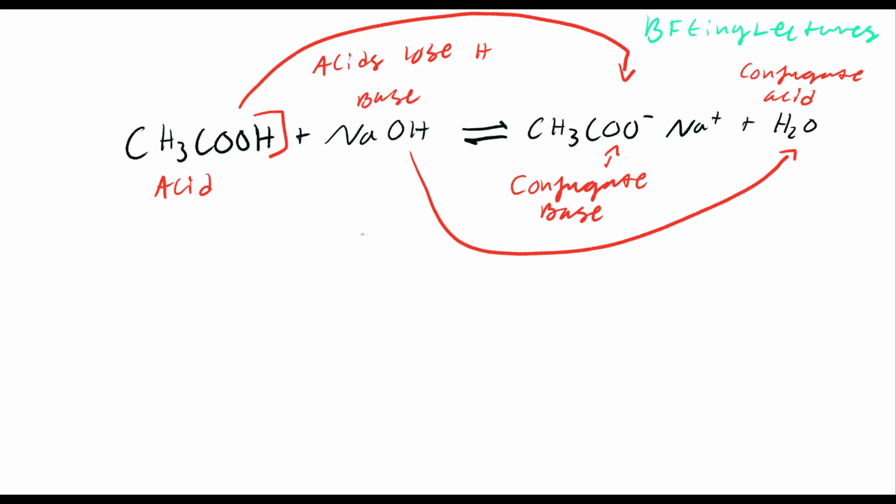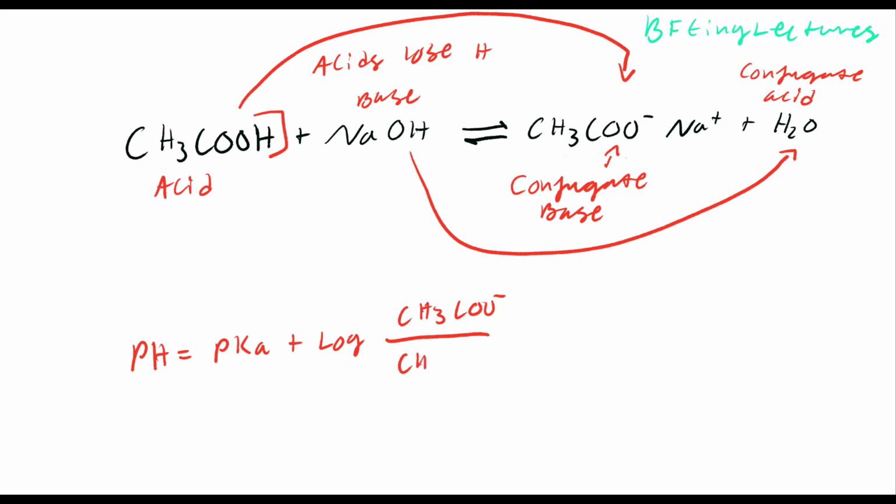Now the Henderson-Hasselbalch equation is that the pH for a weak acid, which is most of biochemistry, is the pKa plus the log of what? The conjugate base over the acid. So in this case, it would be CH3COO negative over what? The acid.